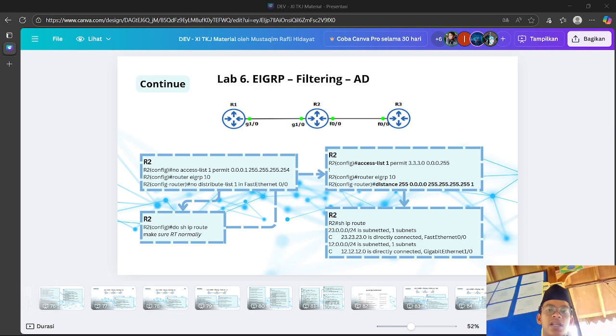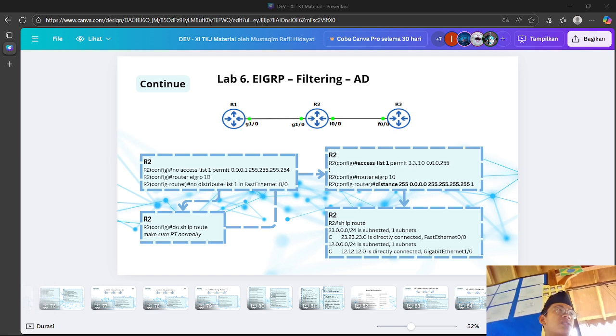For example, the default administrative distance values: a directly connected network has administrative distance 0, the most trusted. Then the second is a static route, with administrative distance 1. Then EIGRP is 90, OSPF is 110, and then RIP is 120.